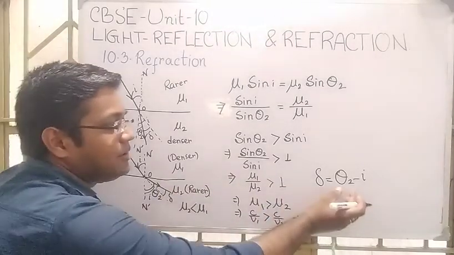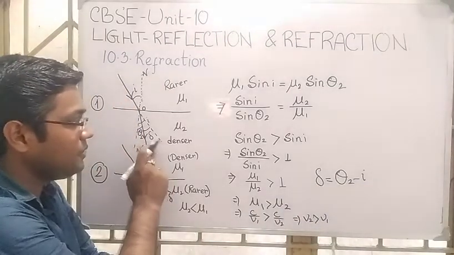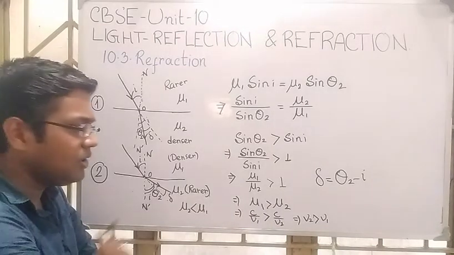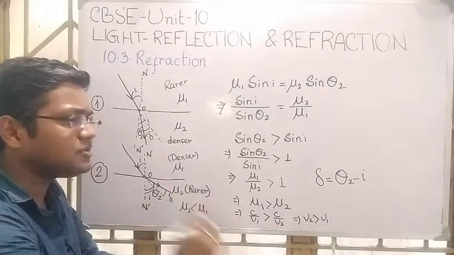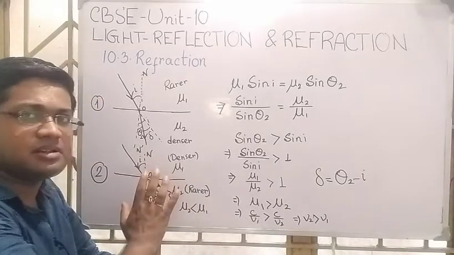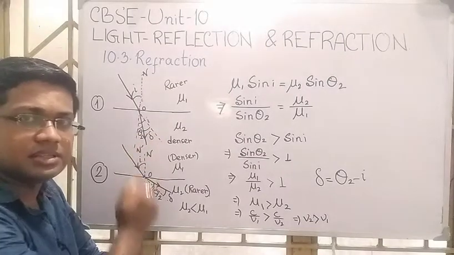That is the angle of refraction minus the angle of incidence, but there it was the angle of incidence minus the angle of refraction. So these are the two types of refraction, rarer to denser and denser to rarer.